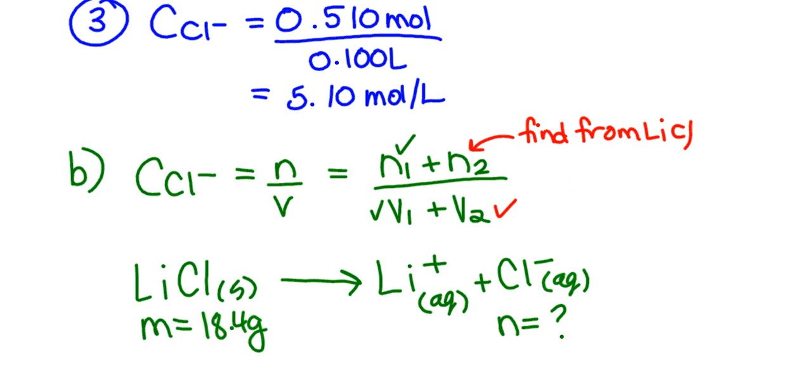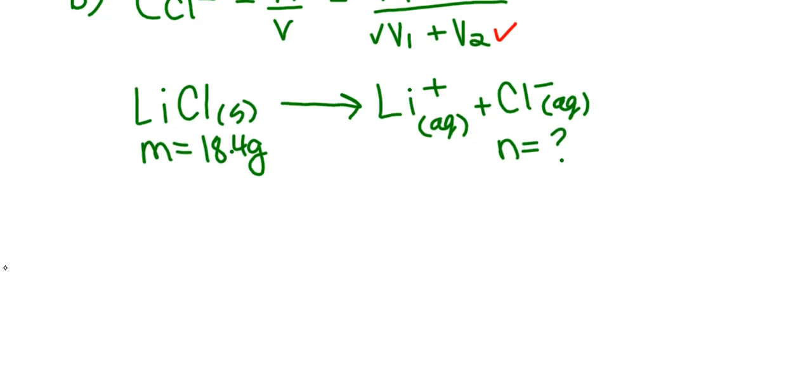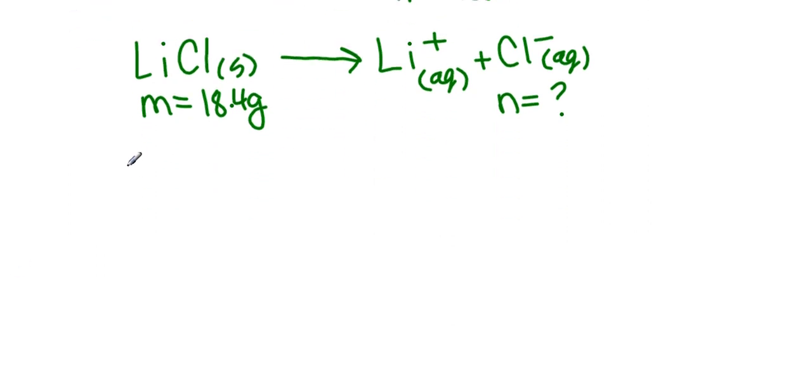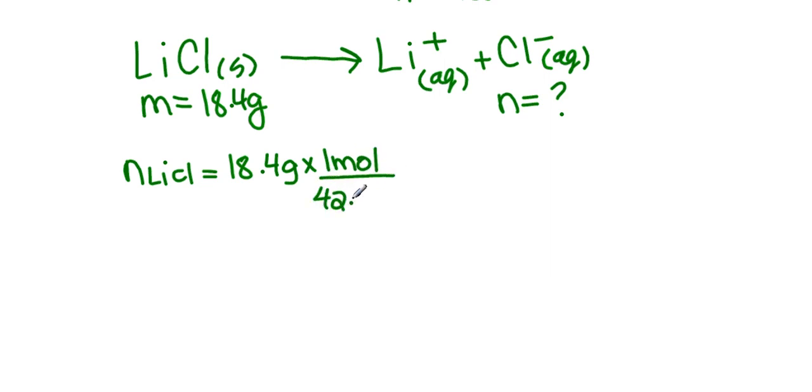So if you've given this a try, let's take a look at the answer together. If we want to find out first, we need moles of lithium chloride. We take our mass and we divide it by the molar mass. We'll use our ratio here, 1 mole over 42.39 grams. And that's going to give us about 4.434 moles of lithium chloride. But we need moles of chloride ions.